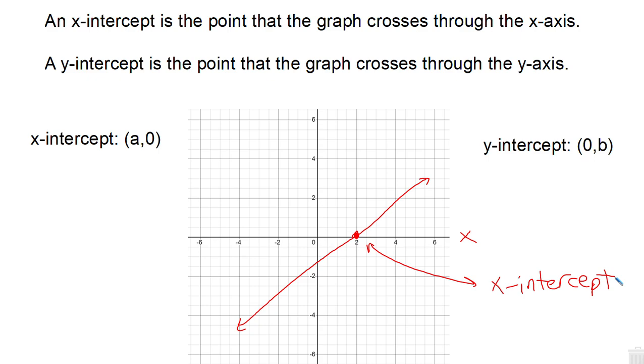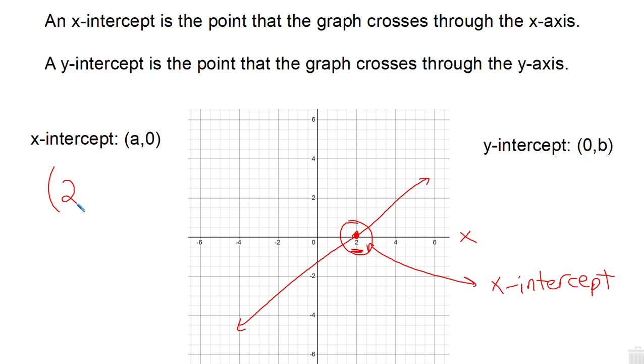So in order to write the coordinates, we need to know that we always have to put an x value and a y value. Well, the x value is always going to be whatever that point is on the x-axis. It's going to be 2 in this case.